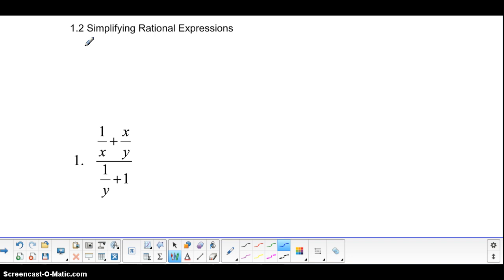So an example could be 1 over x divided by 1 over y, or another rational expression could be x squared over x squared plus 2. So there's two examples.